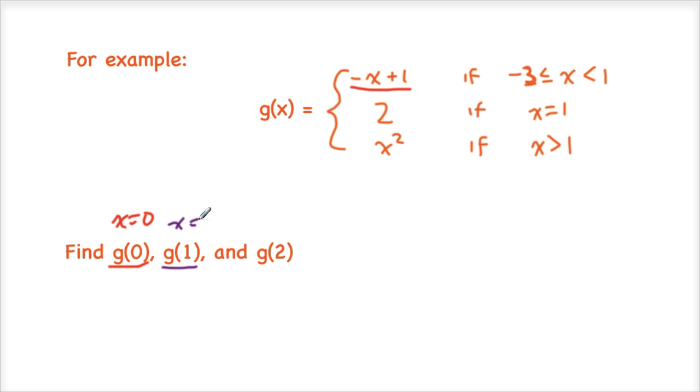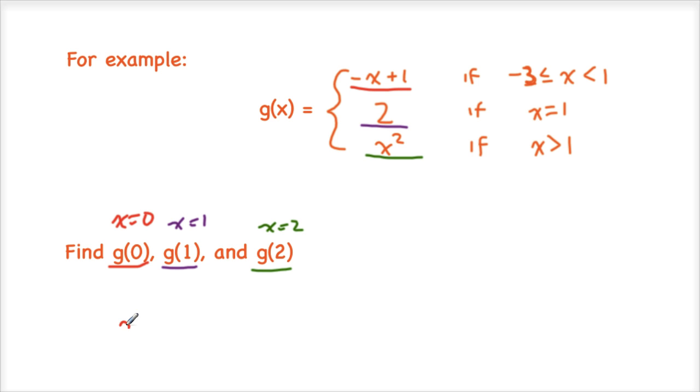So g of 1, x equals 1. So I'm looking over here. x equals 1, I'm going to use this constant function. And then finally g of 2, that's x equals 2, so check which interval that falls under. That would be x greater than 1, right, because 2 is greater than 1. So when I evaluate g of 2, I'm going to use the x squared as my partial function.